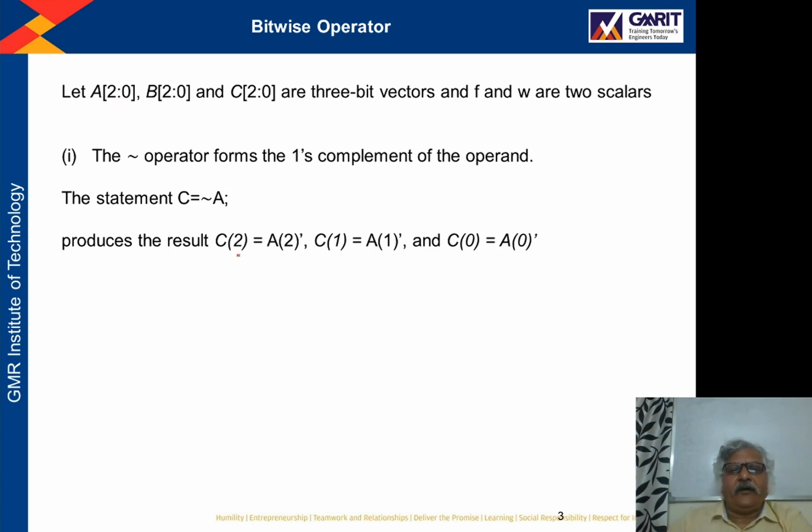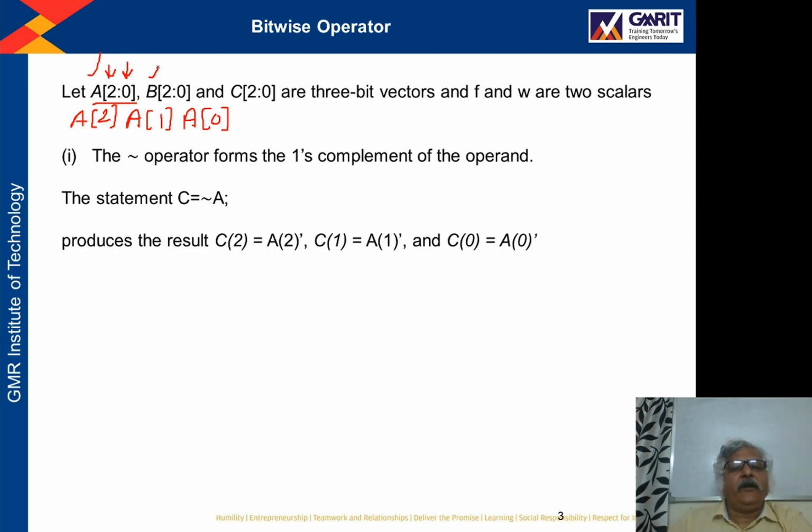Vector A has three elements with the range 2 to 0, so three elements will be created: A[2], A[1], and A[0].